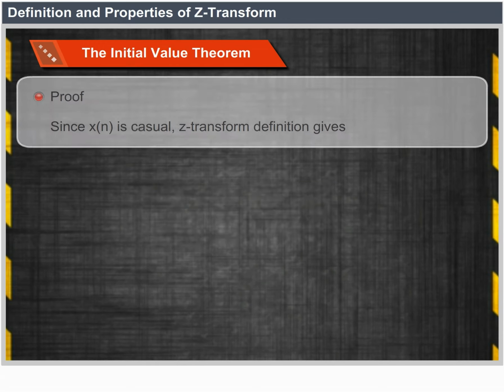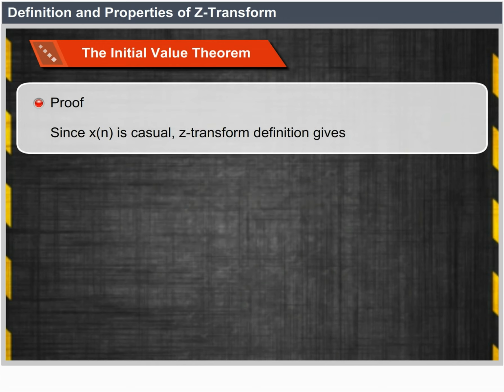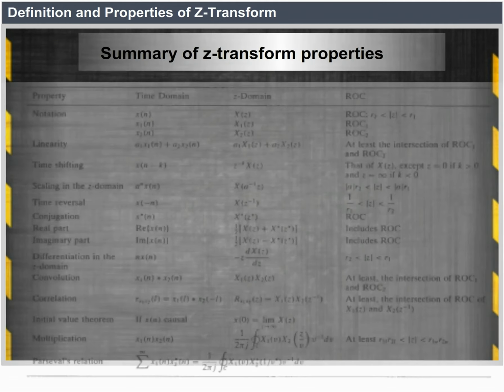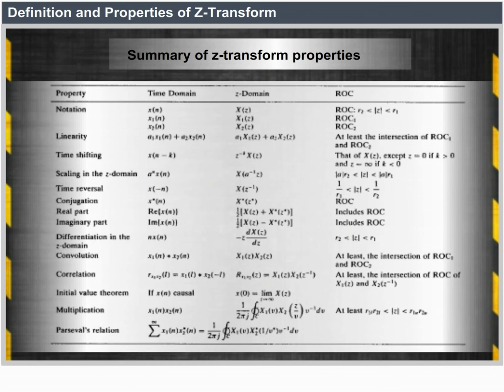Since x(n) is causal, the Z transform definition gives X(z) equal to summation n equal to 0 to infinity x(n) into z power minus n, equal to x(0) plus x(1) into z power minus 1 plus x(2) into z power minus 2 plus etc. Summary of Z transform properties. We can see in the table whatever we learned before in a simplest form.